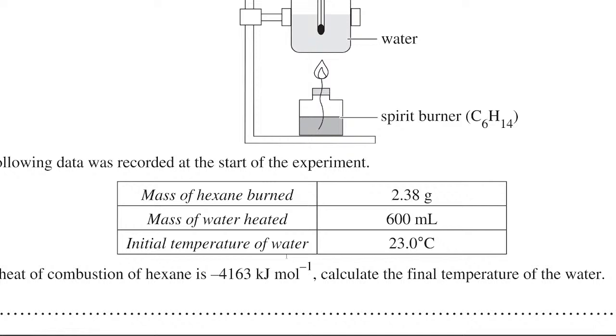Divided by 8.38, divided by 4180, and final minus initial plus 23. 95. One milliliter equals 1 gram.